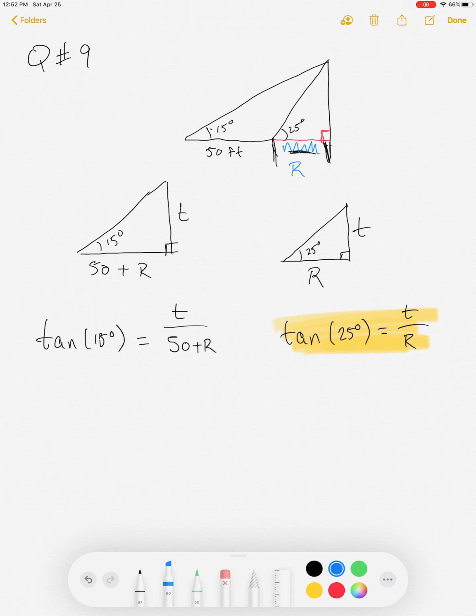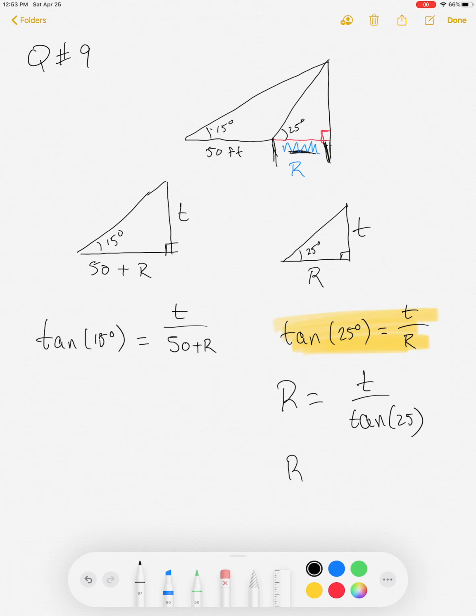And when I do that, I'm going to solve this one over here, in fact, for T. And when I do that, let's see, what do I get? I get R equals T divided by the tangent of 25 degrees. And maybe I should have solved it for T. So let's do that instead.